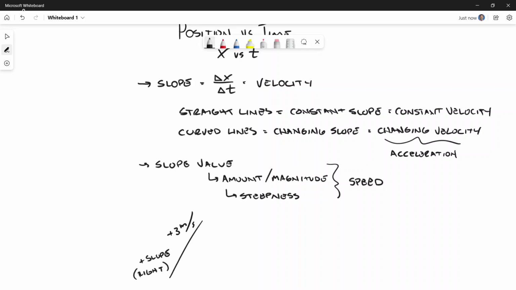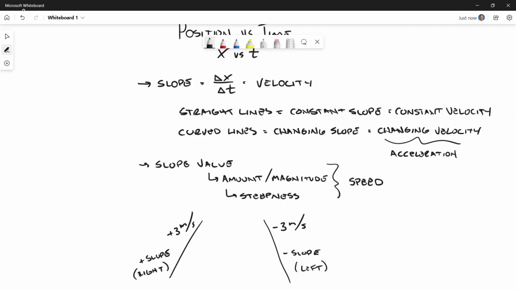On the flip side, you might have another spot on the line with a slope like this, and you might calculate its value to be negative 3 meters per second. It's a negative slope. Negative slopes typically refer to objects moving to the left, which is what we might define as the negative direction.